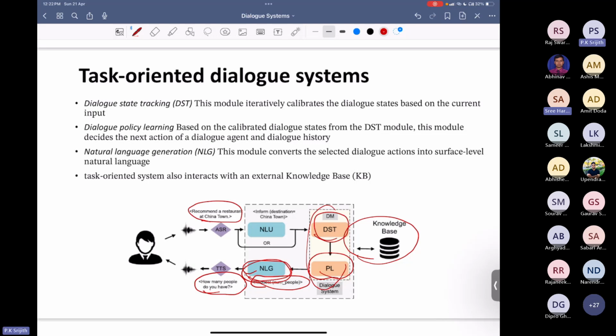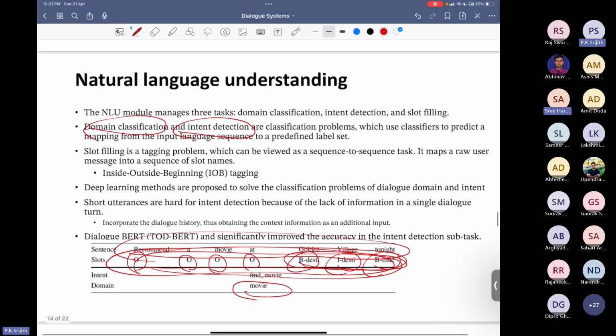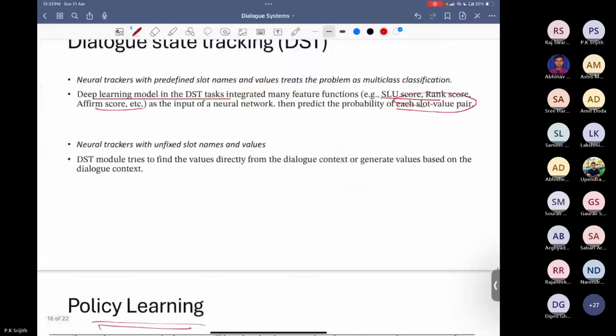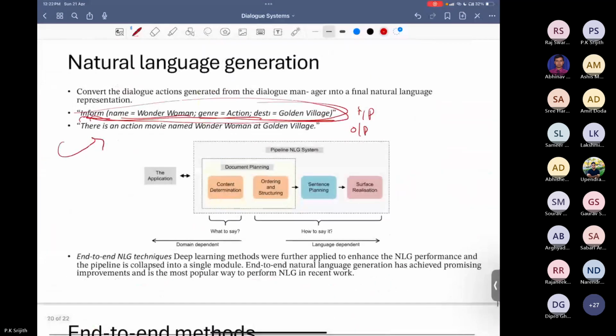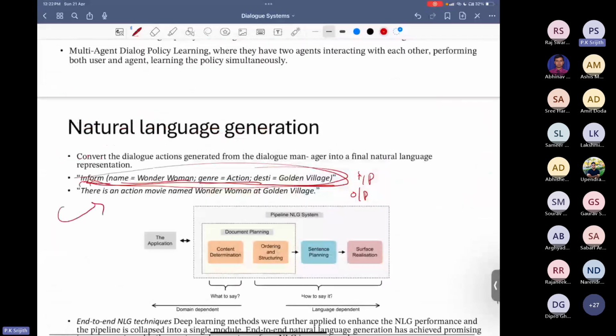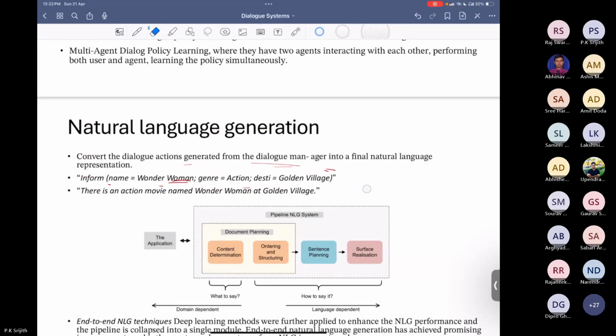So what exactly is the output action of the policy? For example, if you look at this example, this is the output from the PL part, and the action is inform.